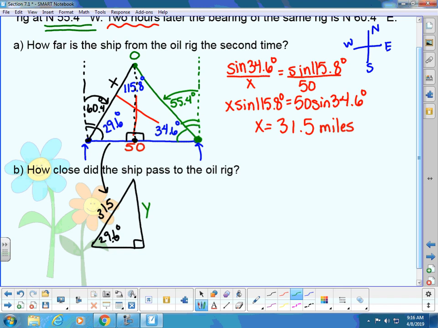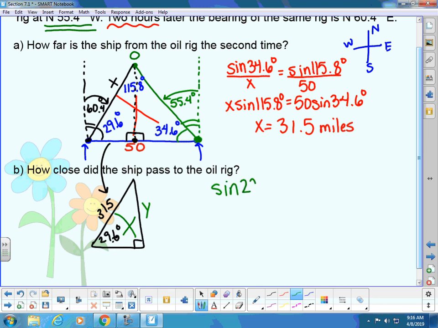You can use law of sines again here if you want to. 31.5 is opposite 90 degrees, and y is opposite 29.6. So I'm going to go ahead and set that up. Because this is a right triangle, you could also use SOHCAHTOA ratios, and you're going to end up with the same answer if you feel comfortable doing it that way. But let's do another law of sines because that's what we're practicing.